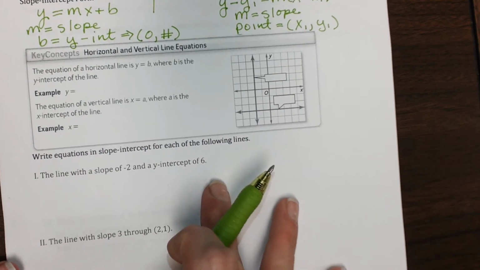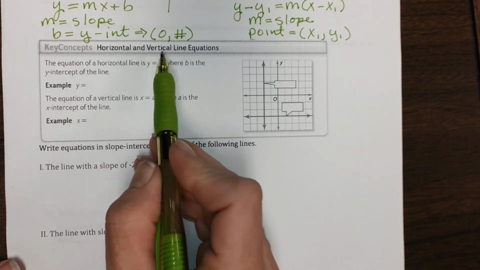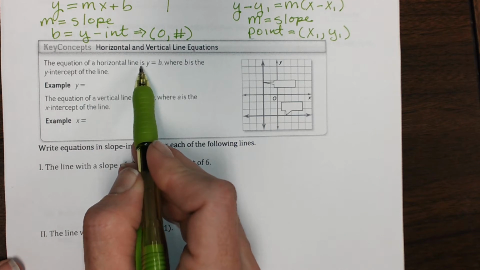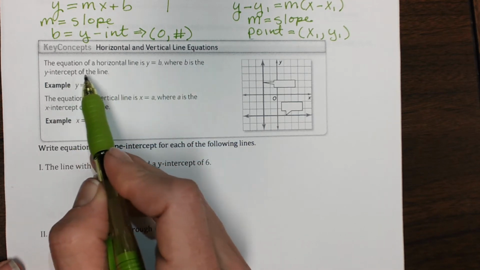Now, we talked a little bit on Monday and Tuesday about lines that have zero slope and undefined slope. Those are our horizontal and vertical lines. So the equation of a horizontal line is y is equal to b, where b is the y-intercept of the line.